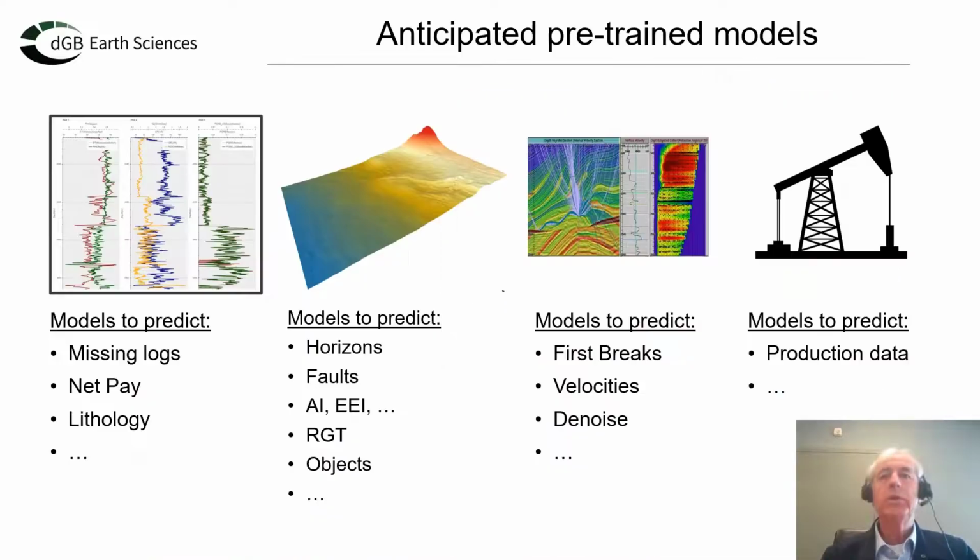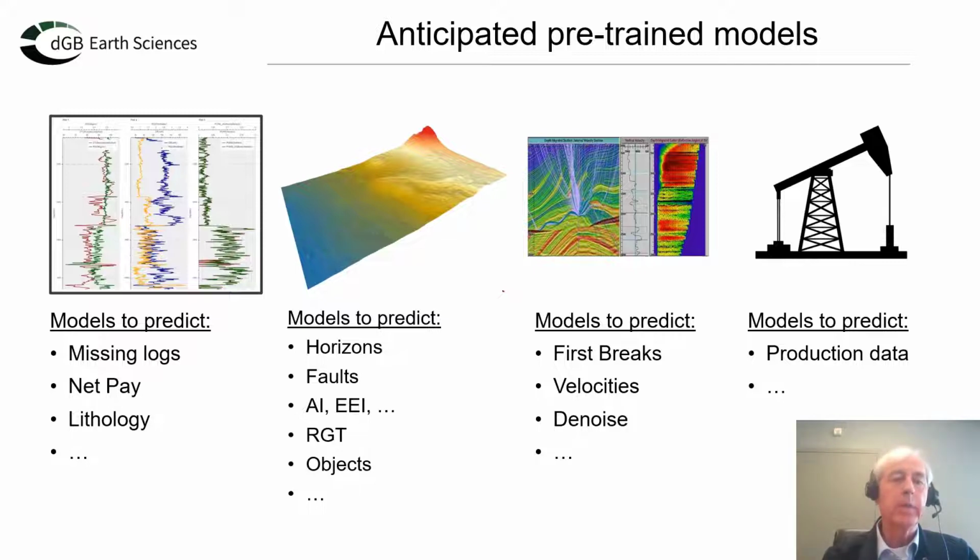Where I see potential for more pre-trained models is on the well side, predicting missing logs. I think it would be fantastic for many QI projects if we would have more shear sonic logs, and if we have models that can predict shear sonic logs from other logs, then this would really help the QI work that we are doing.